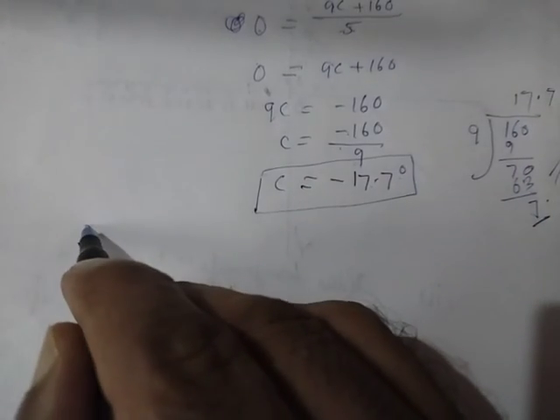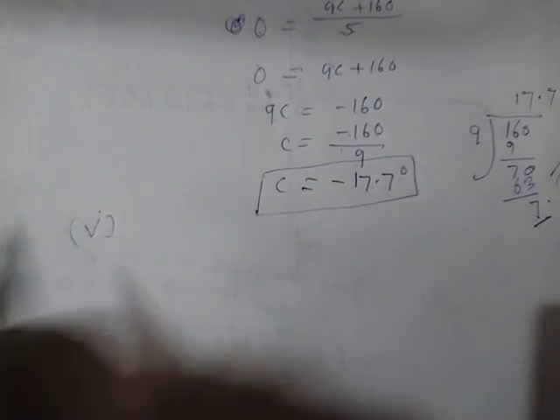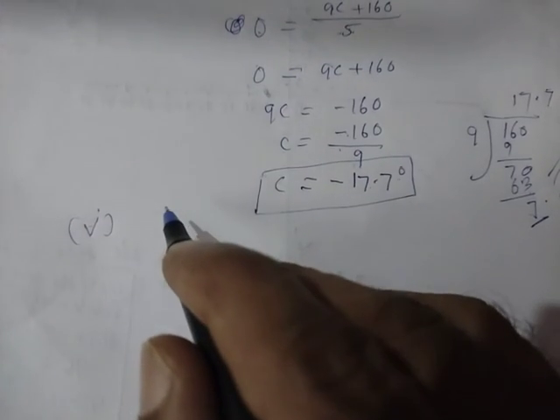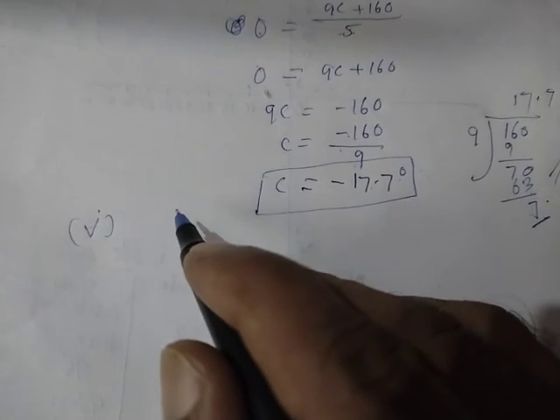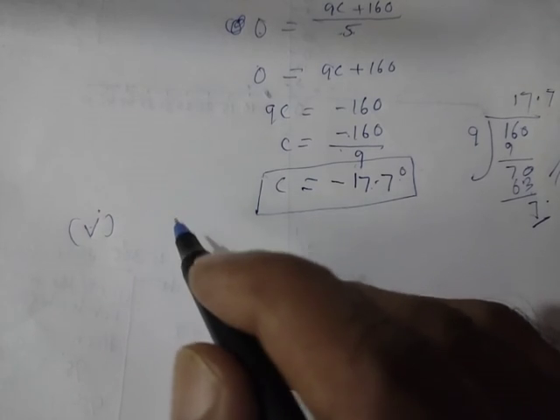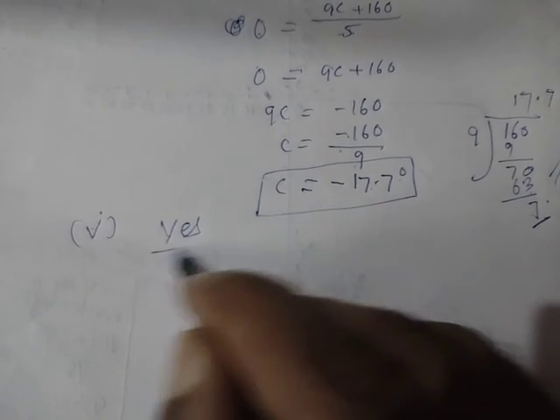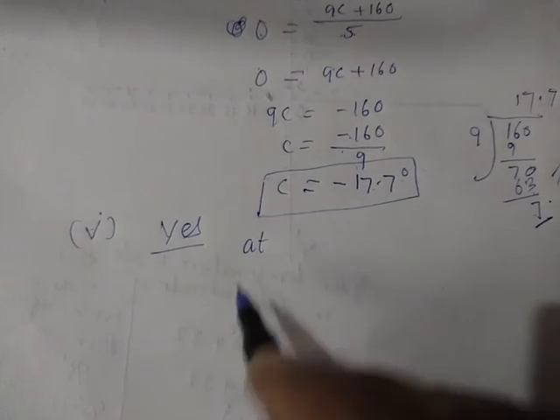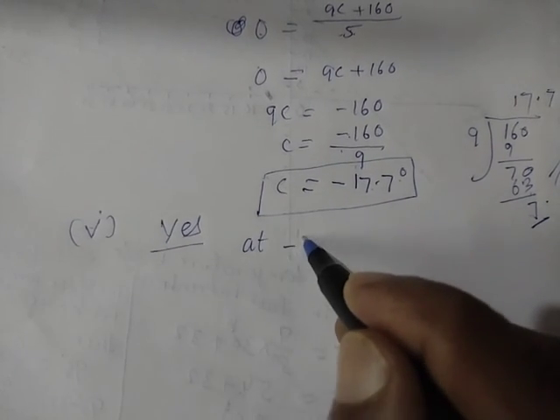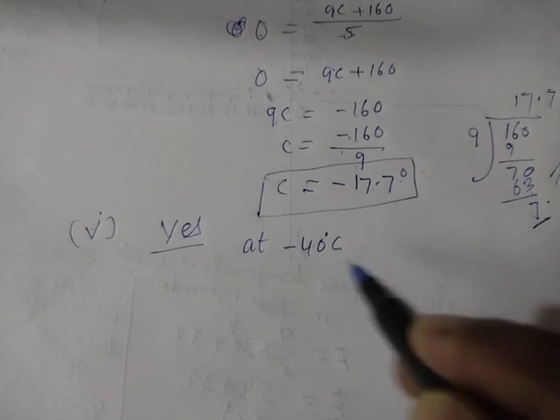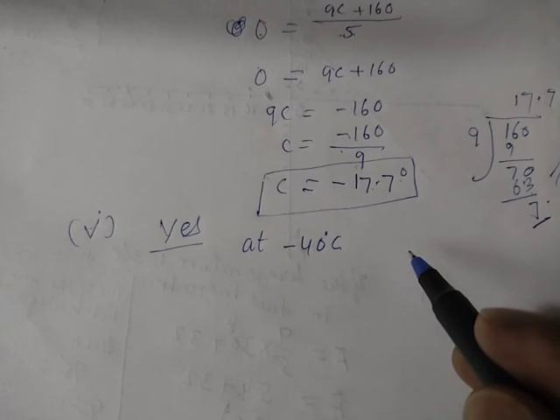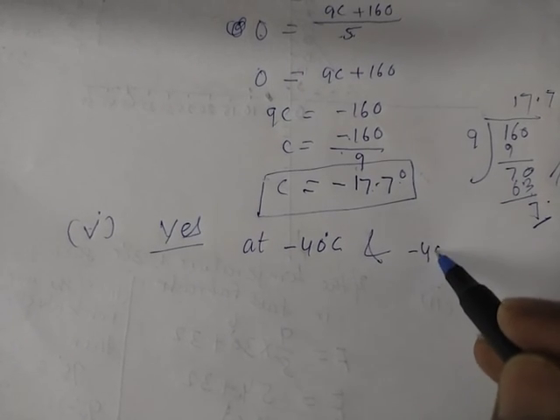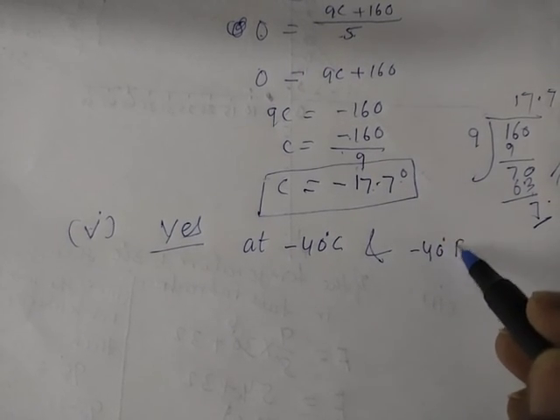Now the fifth part. Is there a temperature which is numerically the same in both Fahrenheit and Celsius? Yes. At minus 40 degrees Celsius and minus 40 degrees Fahrenheit.